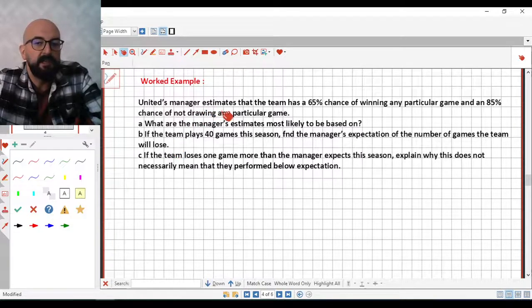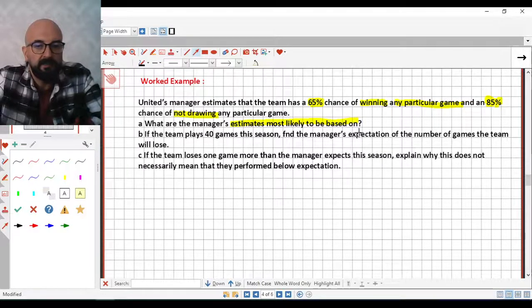United's manager estimates that the team has a 65% chance of winning any particular game, and an 85% chance of not drawing any particular game. What are the manager's estimates most likely to be based on?